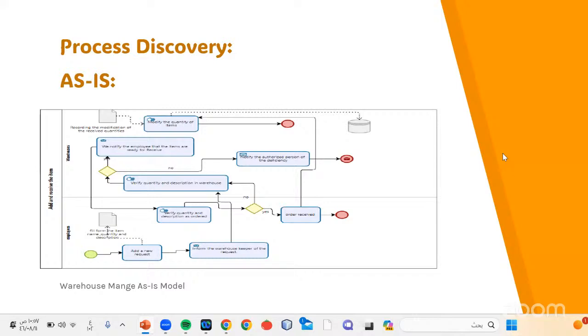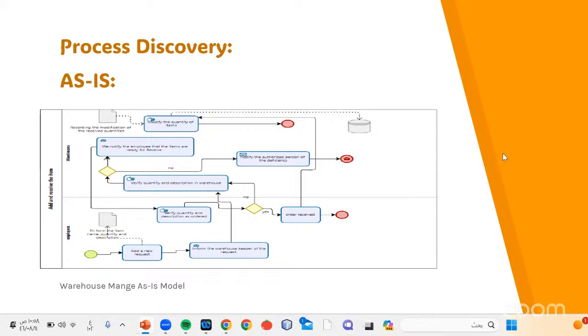Here, we can talk about the as-is process discovery for our project. The as-is scenario is: an employee submits a new request by filling out a form that includes the name of the item, quantity, and description of it, which is forwarded to the warehouse keeper, where the warehouse keeper verifies the availability of the requested item manually.